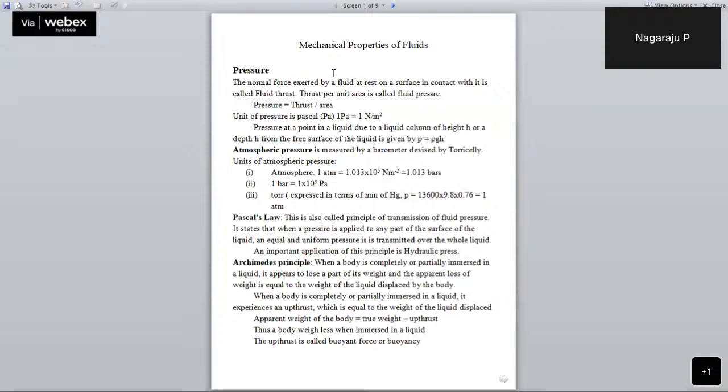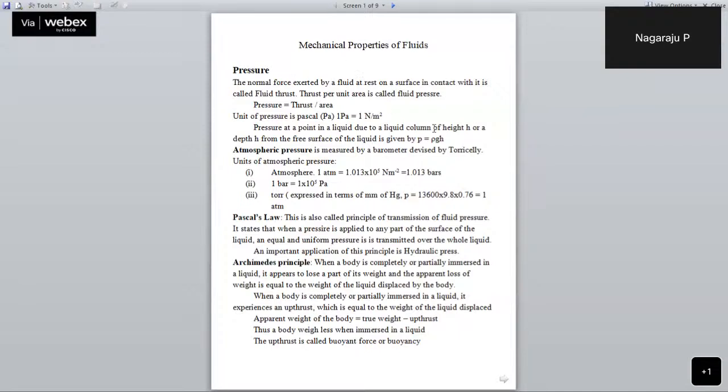And pressure at a point in a liquid due to a liquid column. A liquid column in the sense, suppose you take the liquid in a container, naturally you will have a column. Suppose the column is of height h, or a depth h from the free surface of the liquid, then pressure is given by p is equal to rho g h.